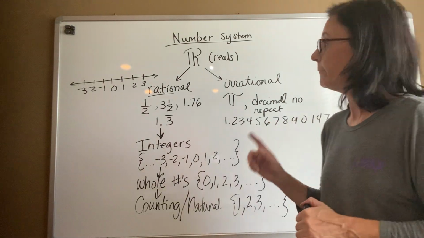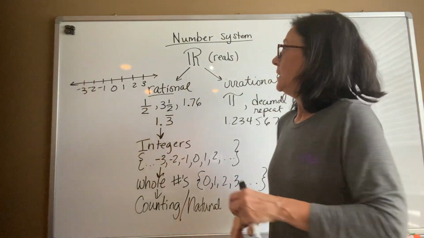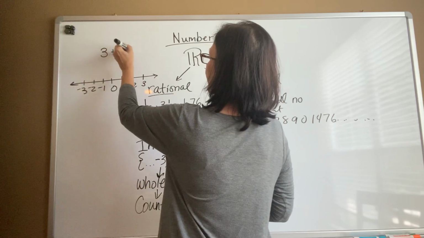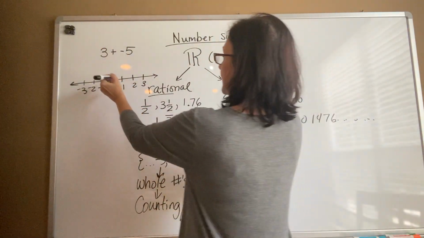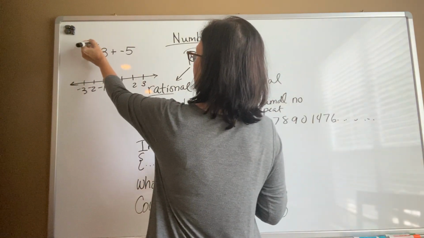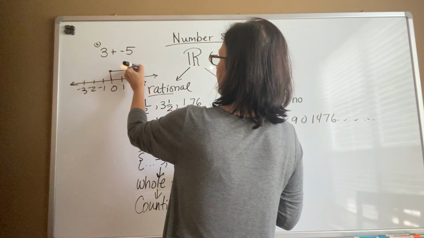Now, on a number line, we represent integers, okay? So if I had 3 plus -5, what does that tell me to do? It tells me to start at 0. I'm going in the positive direction 3. 1, 2, 3.